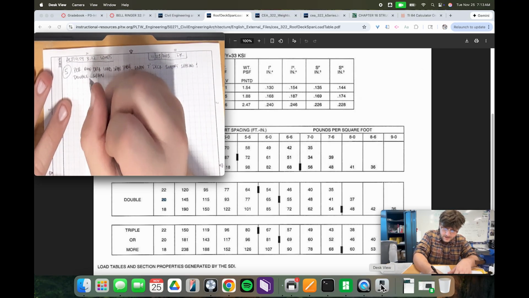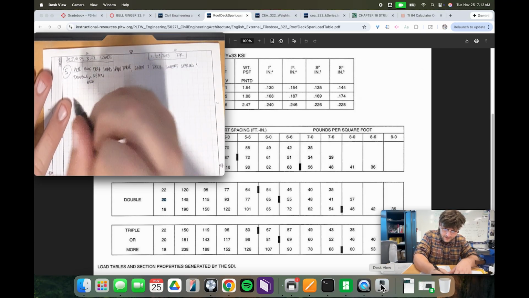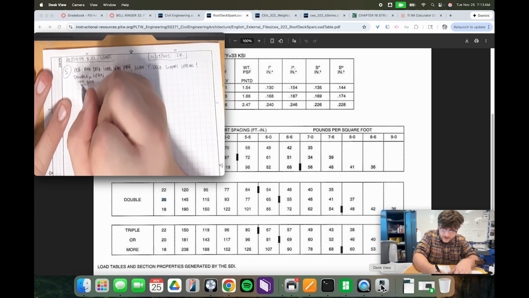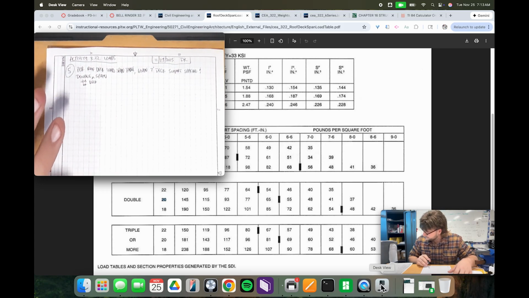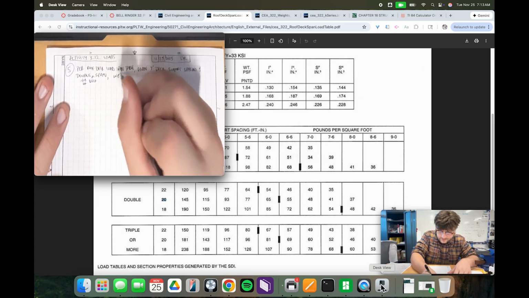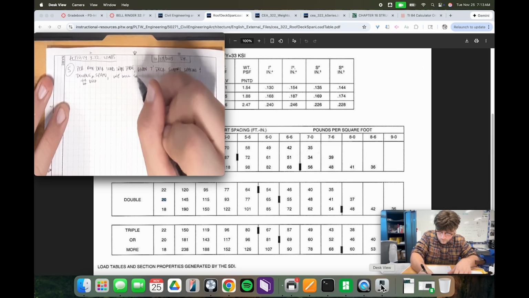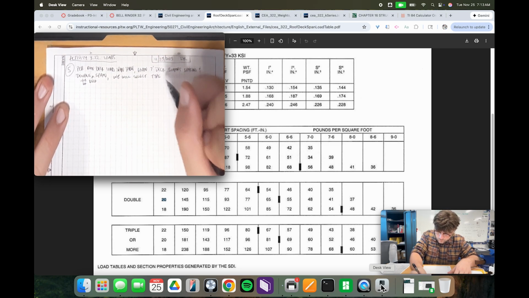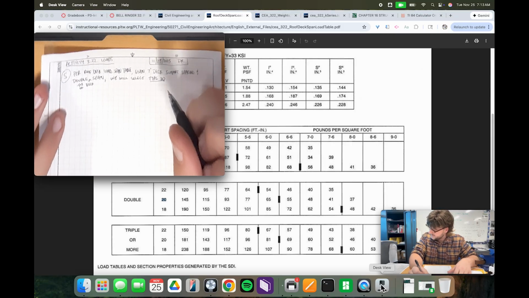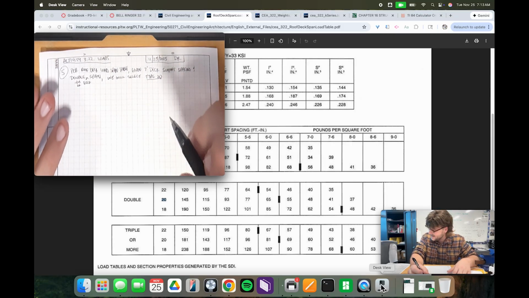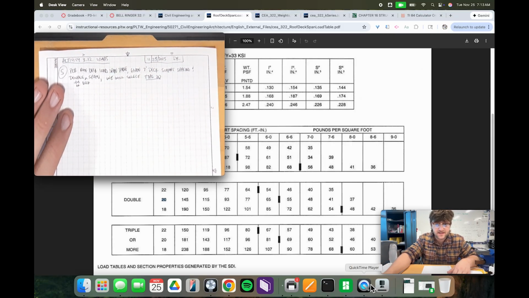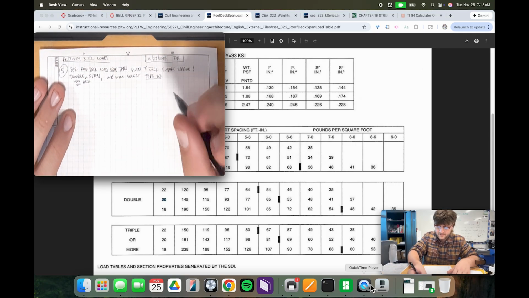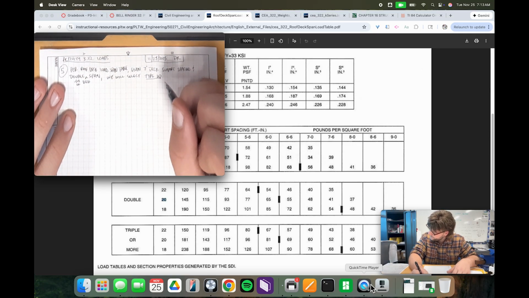So we can put that in there too. Remember, we have to put the initials on there and then also the date. So double deck span, we will select type 20, given we have a load combo of 47 PSF. So type 20, double deck span, type 20, and what do we say?